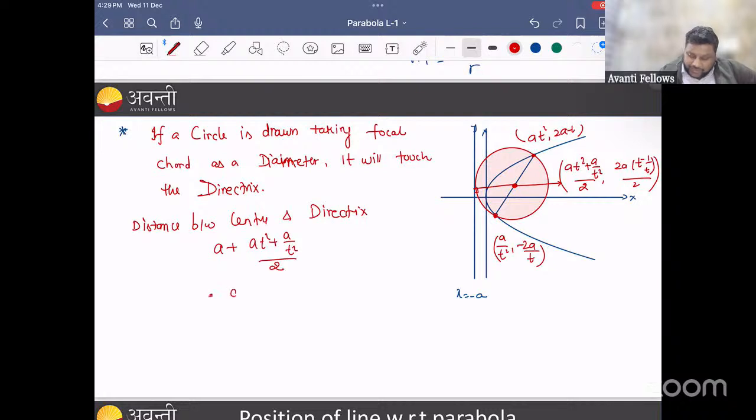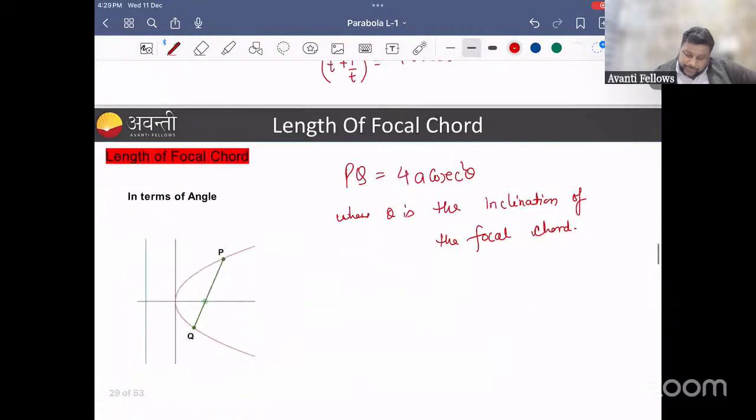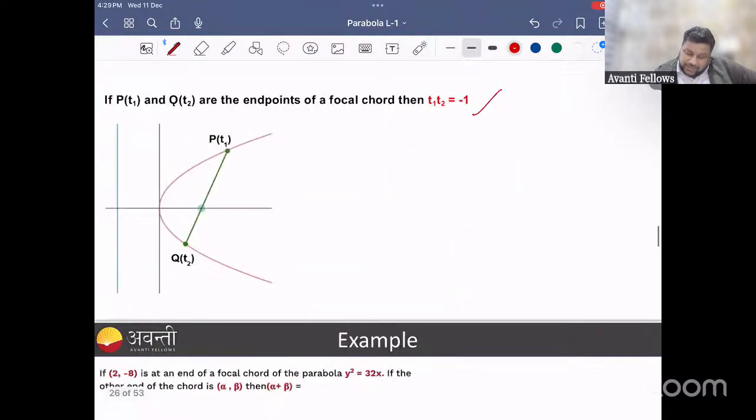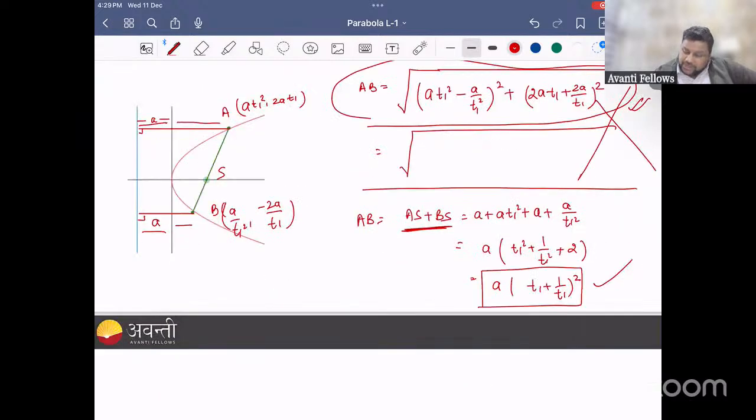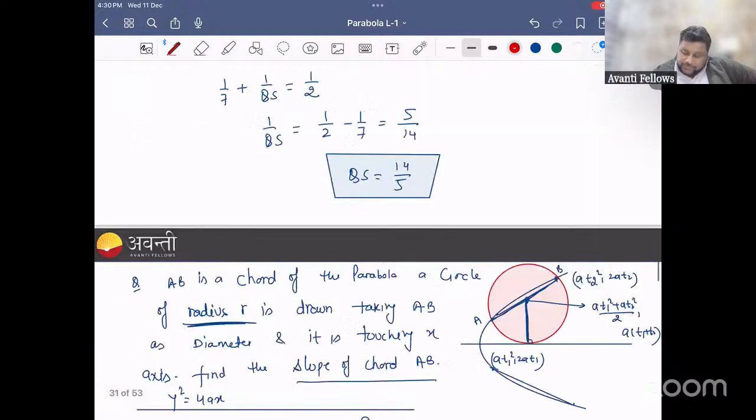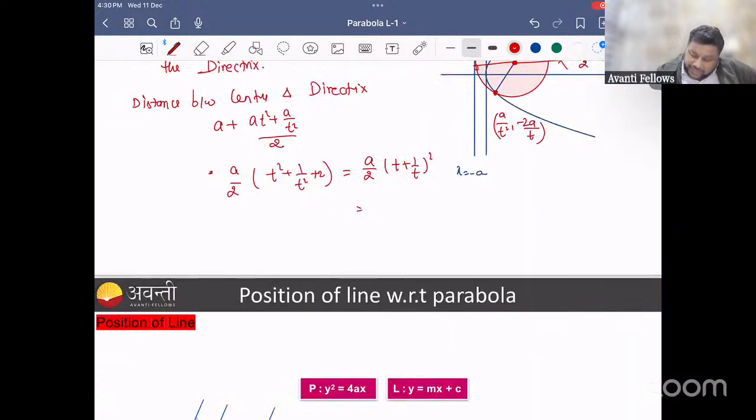So if I take a by 2 common, it is t square plus 1 by t square plus 2, so t plus 1 by t whole square. And if you remember, this is the length of the focal chord, a times t plus 1 by t whole square. That means half of this is the radius of the circle.